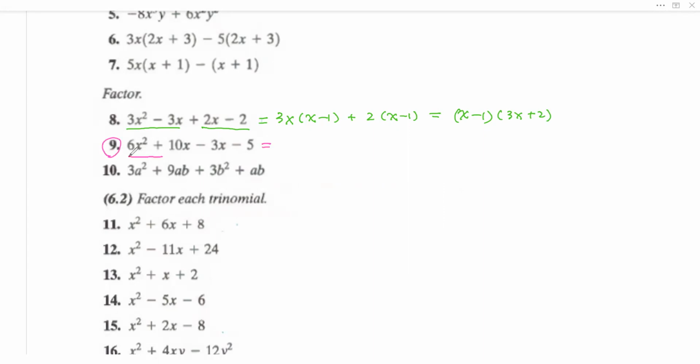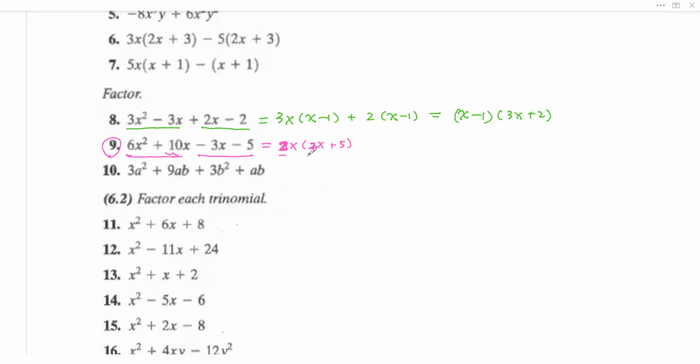Number 9, group factor, first group, second group. First is 3x, the rest is 2x plus 5. I'm sorry, maybe I took one wrong. Initially I took 1, here 6 and 10, the common factor is 2.